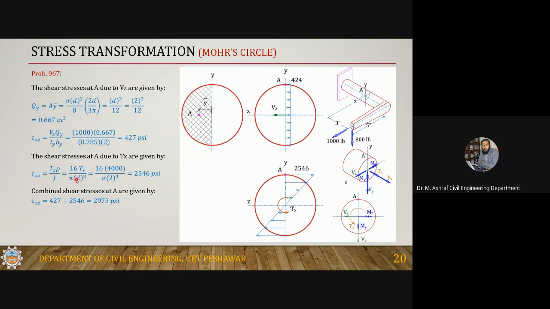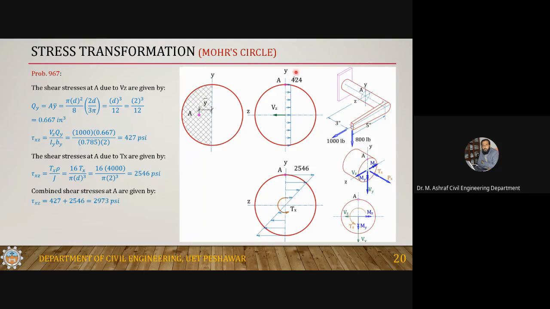So the maximum stress is 16 Tx divided by pi d cube, which is 2546 psi. Since the torque is acting counterclockwise, the resistance should cause a clockwise moment, so the stress direction should be like this. The stress variation is triangular. At point A, the stress is 2546.